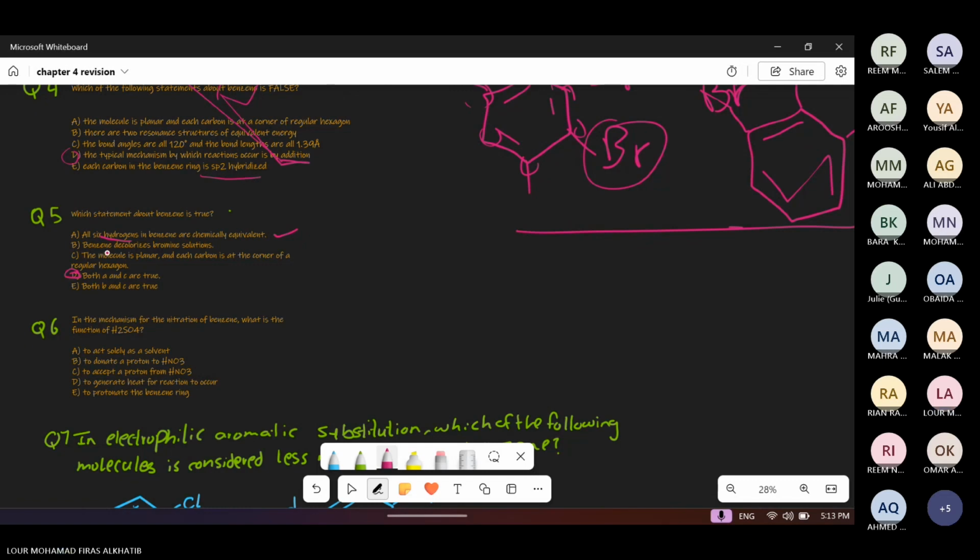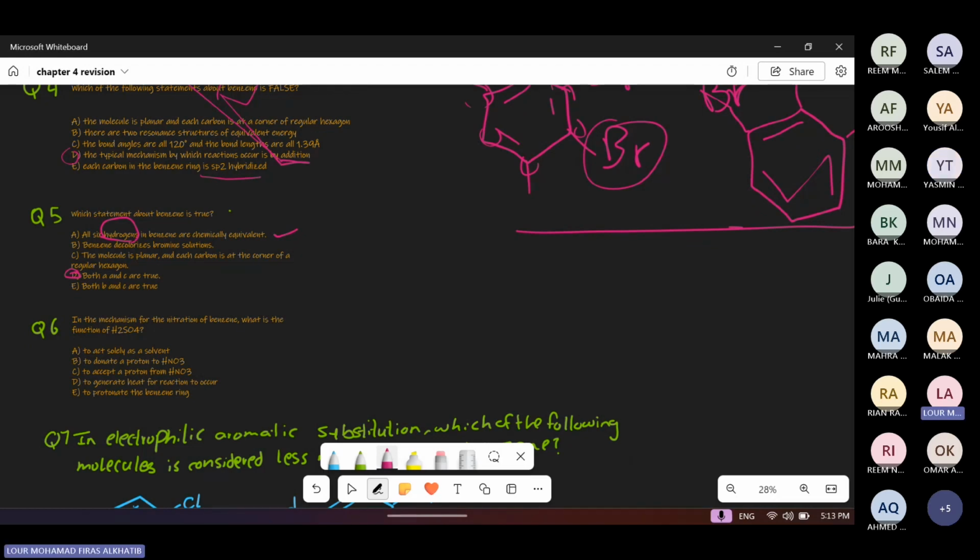Okay. Why did we say hydrogens here? Of course all the carbons are equivalent, but then the hydrogens, what are they bonded to? They're bonded to these carbons in benzene, and because the carbons are all chemically equivalent, the hydrogens bonded to them are chemically equivalent as well.